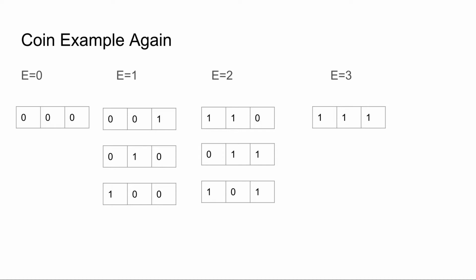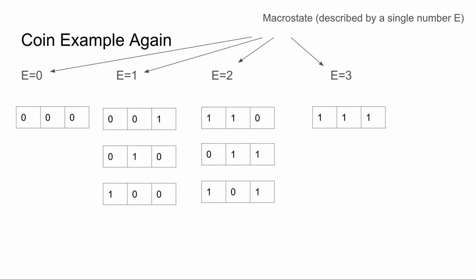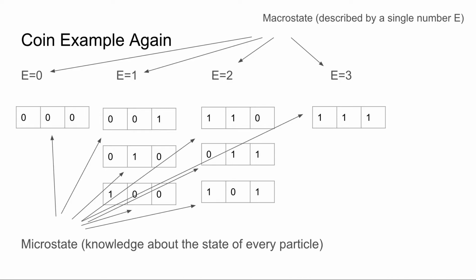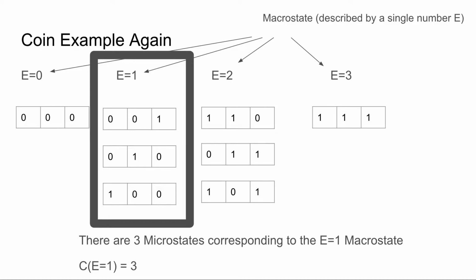Over here we have the macrostates described by a single number, and over here we have 8 different microstates, and each microstate is basically the knowledge of the state of every single particle. You can see that for the macrostate E equals 1, there are 3 corresponding microstates. And so we say that the counting function for the E equals 1 macrostate is 3.